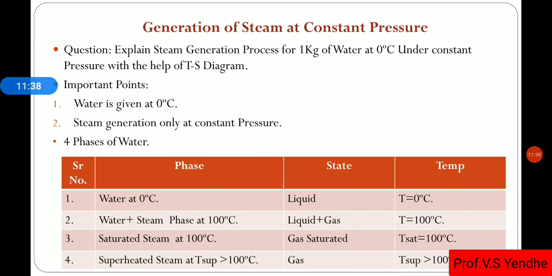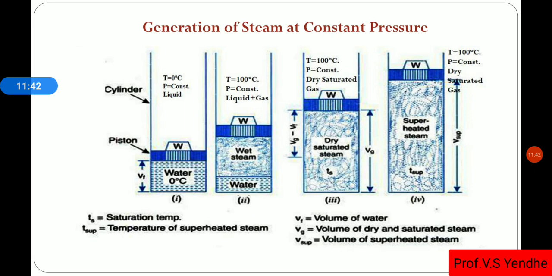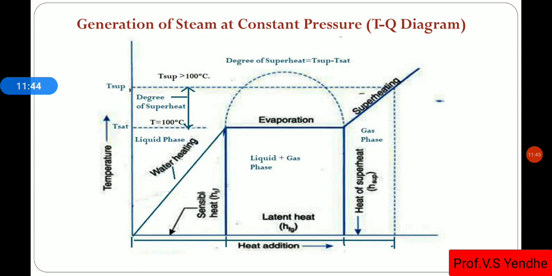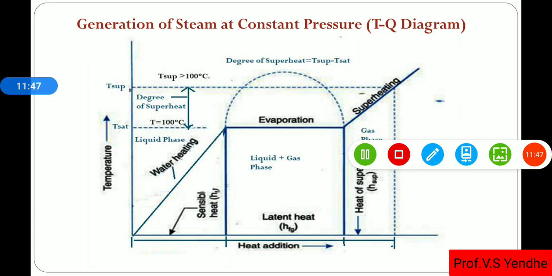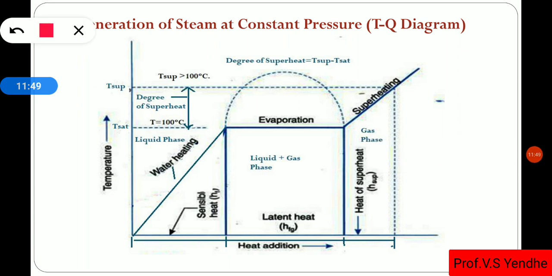Okay, so let us see the T-S diagram or T-Q diagram. We have started from here. This is point number 1, this is point number 2, this is point number 3, this is point number 4.